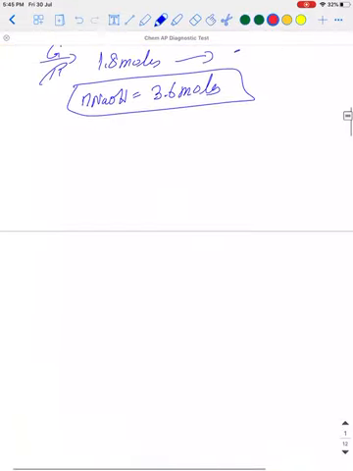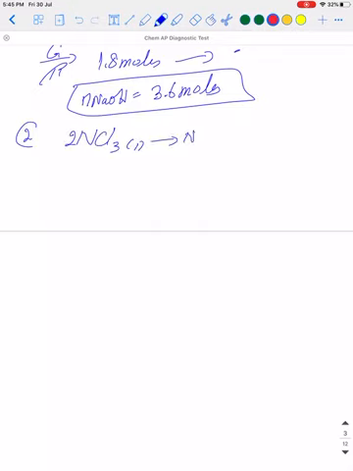So let us solve it. I will copy the equation, always using stoichiometry. It's given to me that the pressure is 1 atmosphere. The temperature is 273 Kelvin.